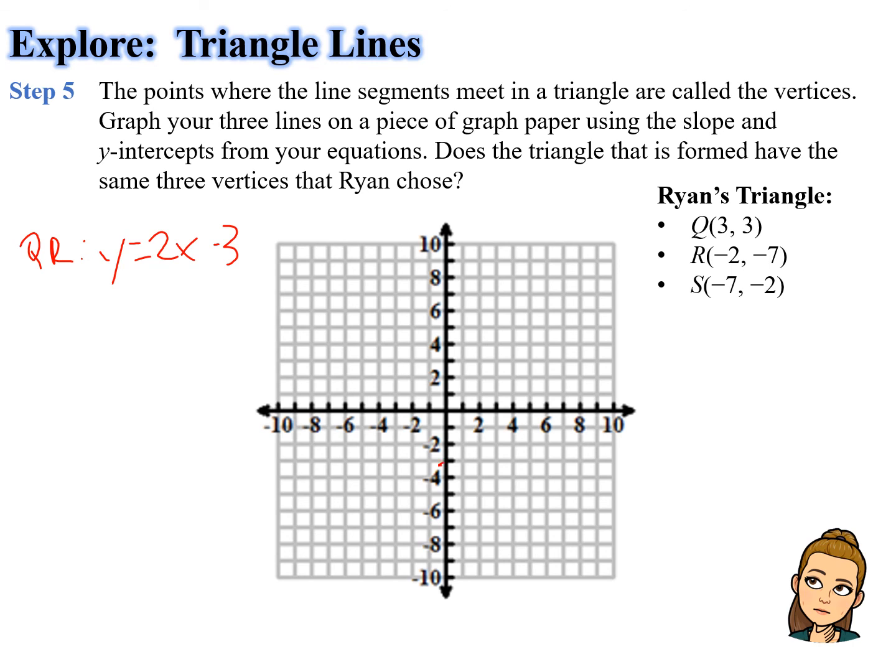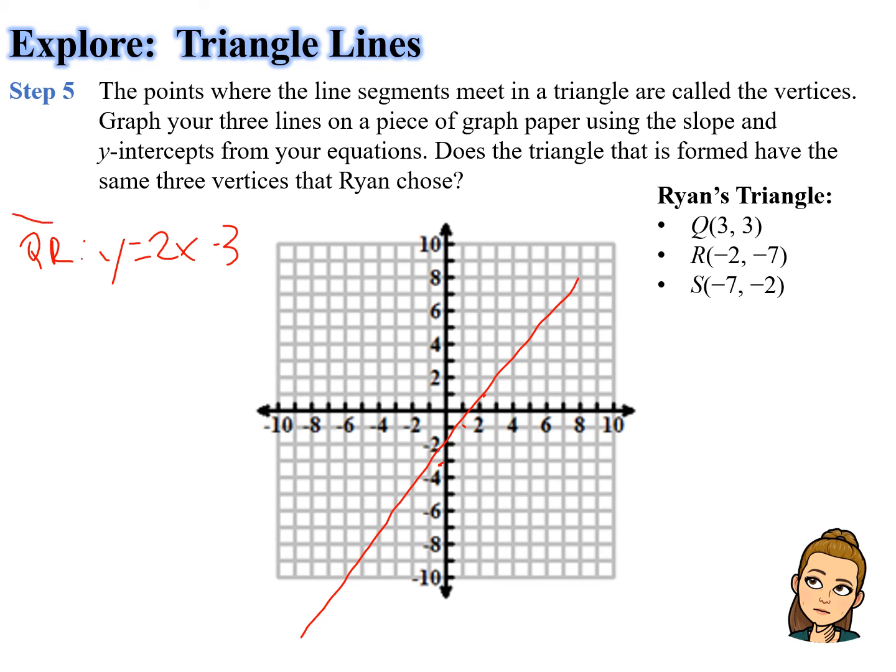A slope of 2 tells me up 2 over 1. And I'm going to do one more dot just to make my line easier to draw. Up 2 over 1. And I'm going to draw a line across the page as straight as I can. This is really hard on a touch screen. All right, that's not going to give us the best work, but we're going to roll with it. When you are doing this on your worksheet, you should be using a ruler. That'll help you get better lines than what I have here on the page.